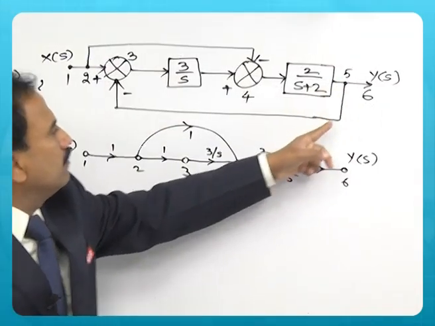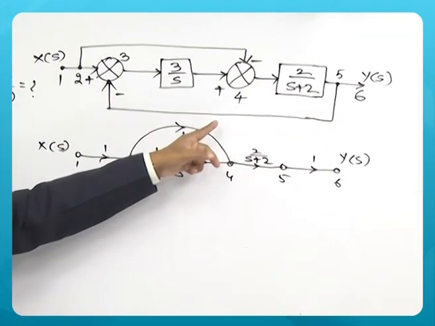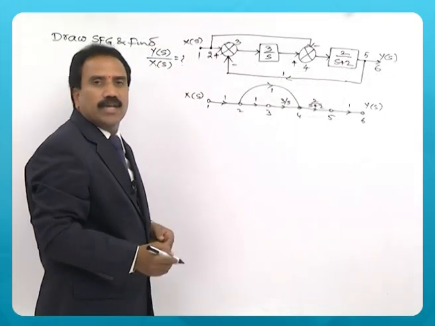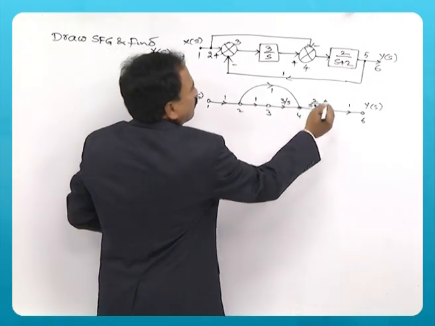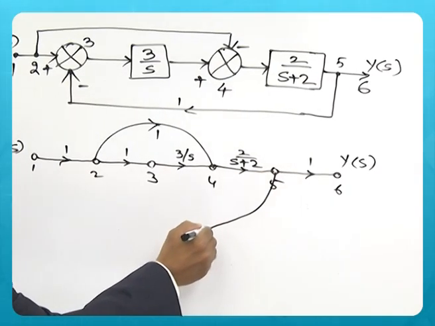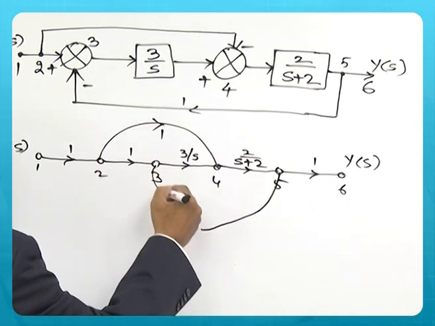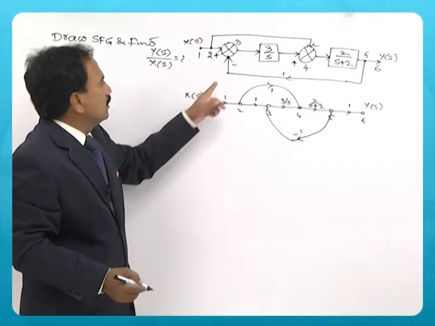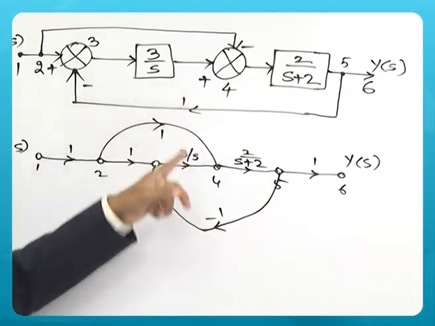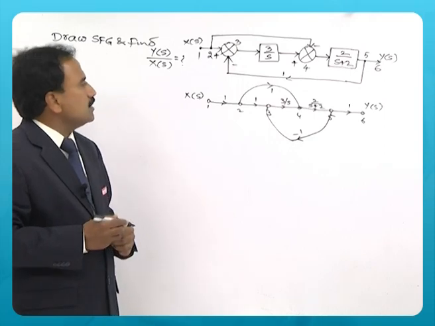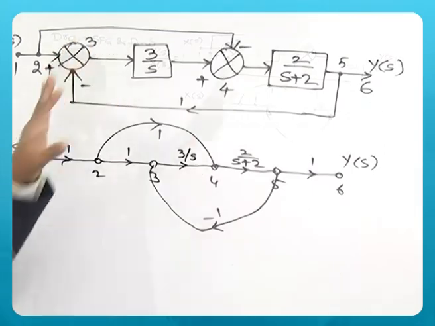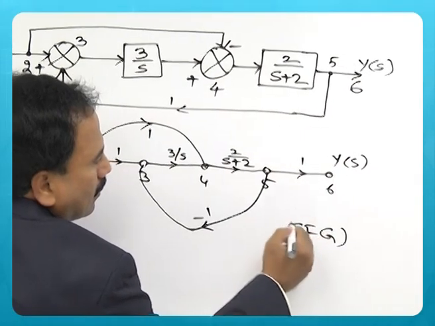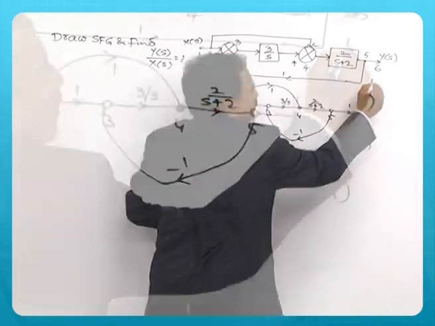And between 5 and 3 again there is a path but no block, so the gain is 1, feedback, with minus 1 because it is minus here, so minus 1. So this is the signal flow graph, the SFG, for this particular block diagram, whereas this is the block diagram.